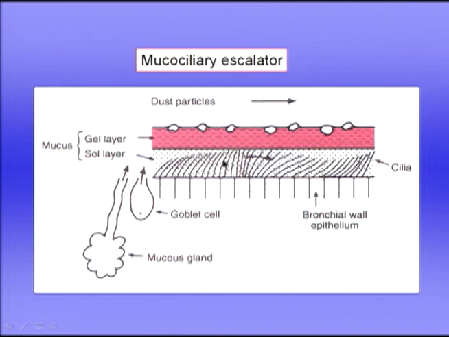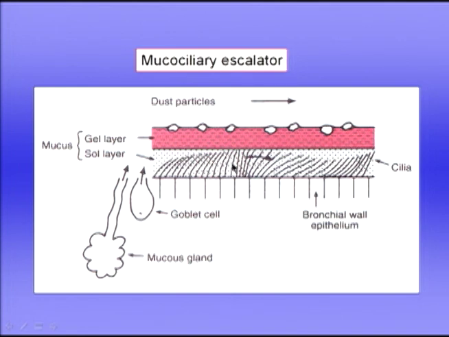And the mucus consists of two layers. There's a superficial gel layer, which is very sticky, viscid, and traps the particles, and they can't get off once they're trapped. And then there's a lower sol layer, which is less viscous, and in the sol layer, the cilia beat, and the tips of the cilia just touch the superficial gel layer and move it along.